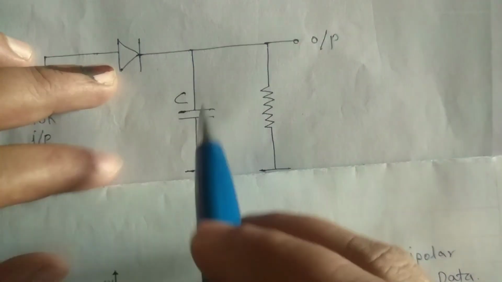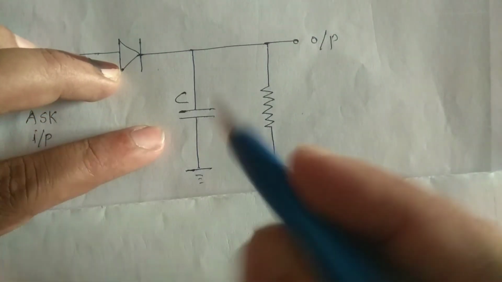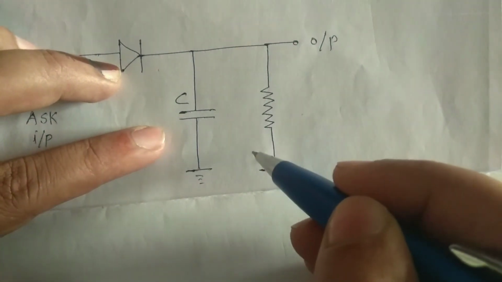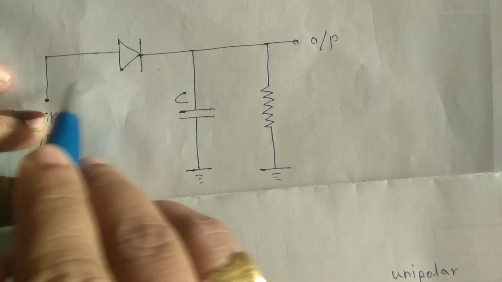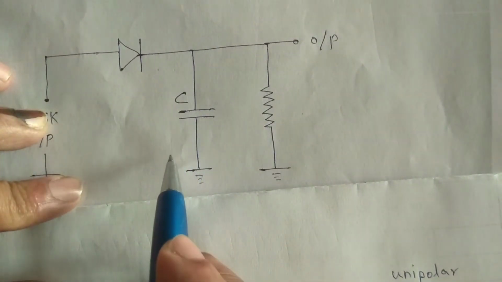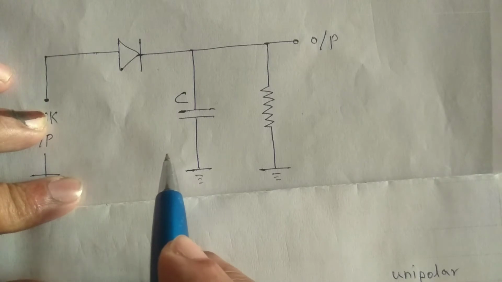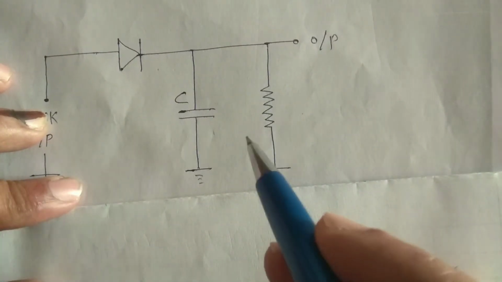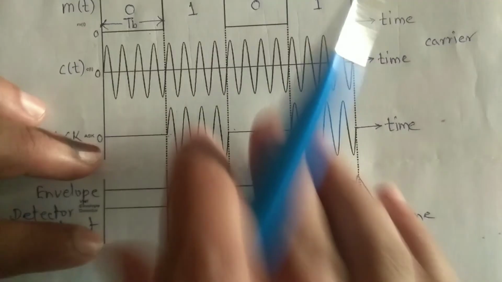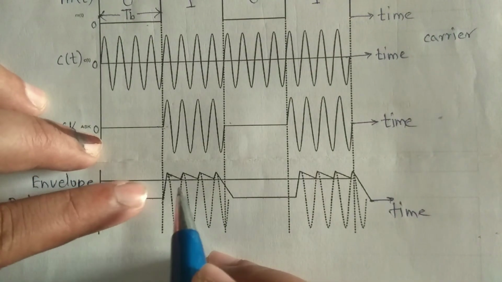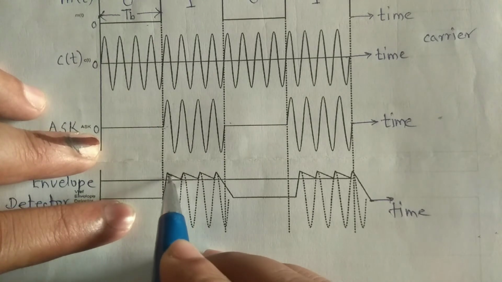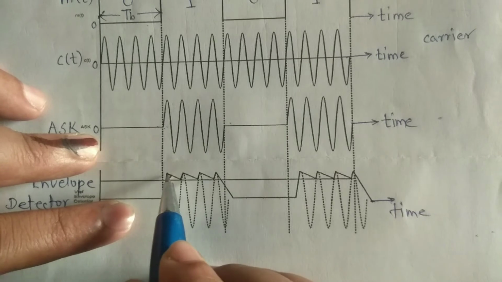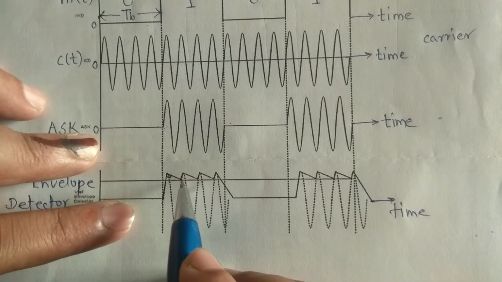Whatever charge is stored by this capacitor will get discharged through this resistance. The charging path will be through the diode and the capacitor like this, and discharging will be like this through the resistance. Till the negative cycle, the positive peak is held by this capacitor, and it goes on discharging like this.